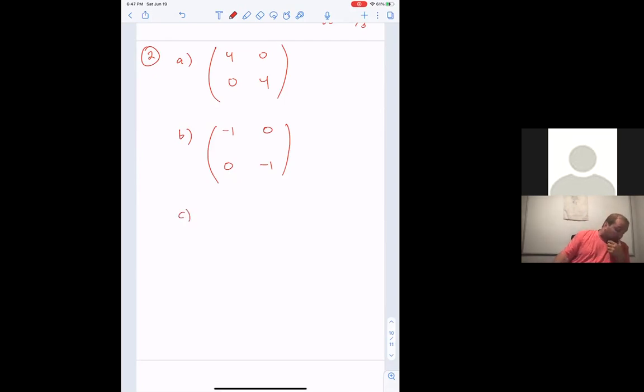C. Find the product of the two matrices found in parts A and B, and hence explain why this is justified.